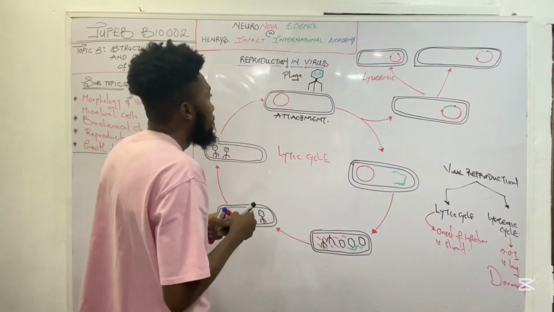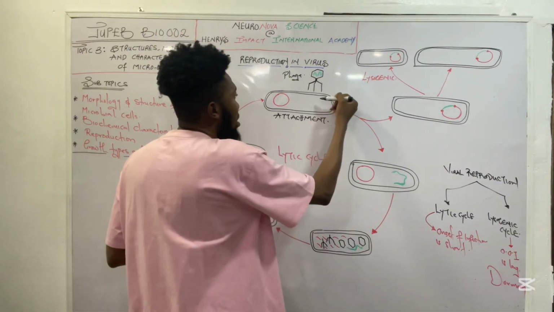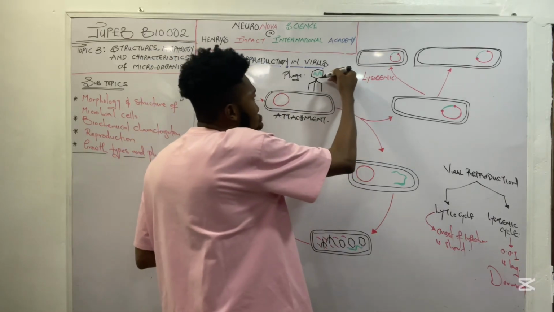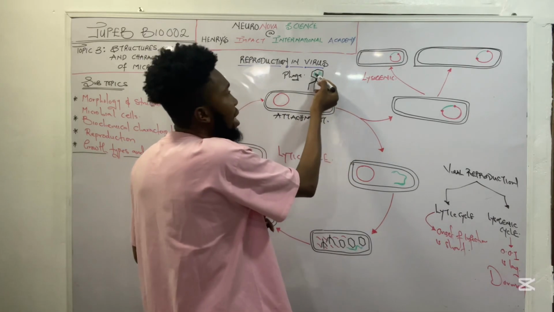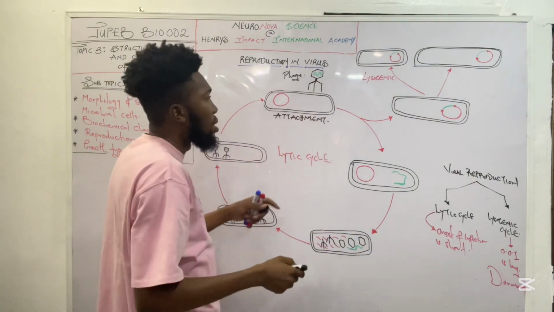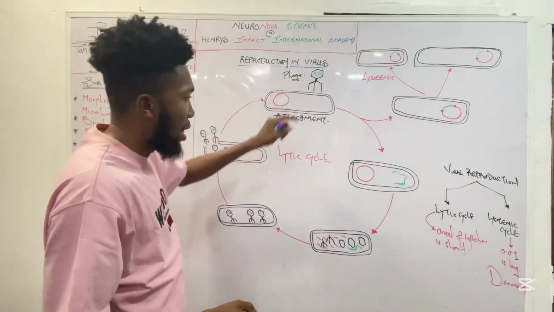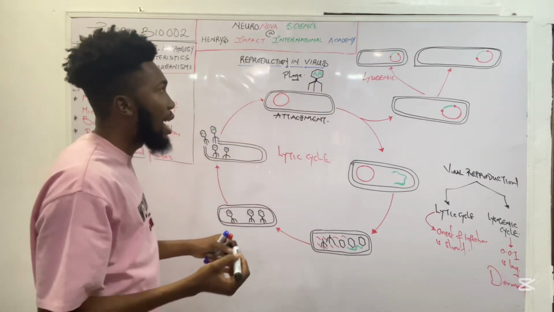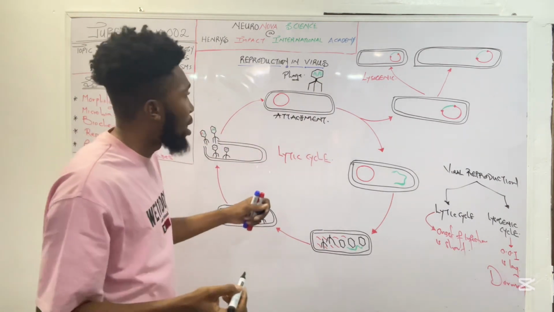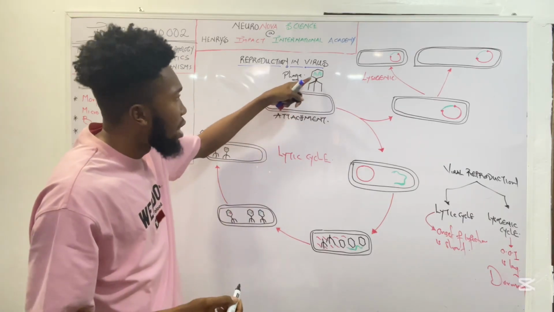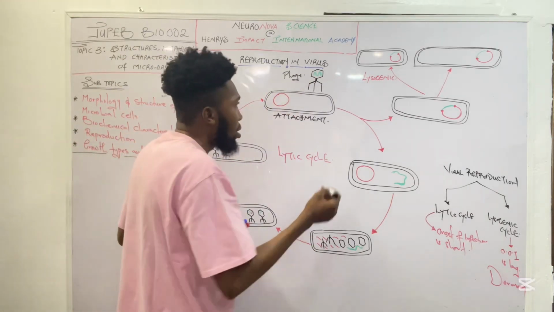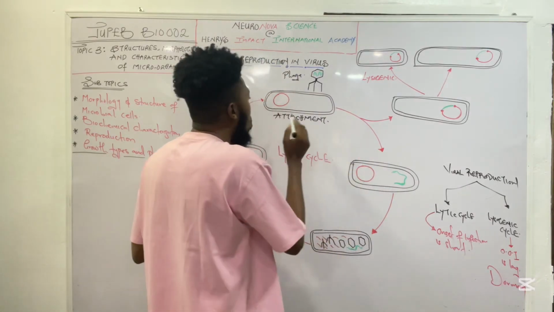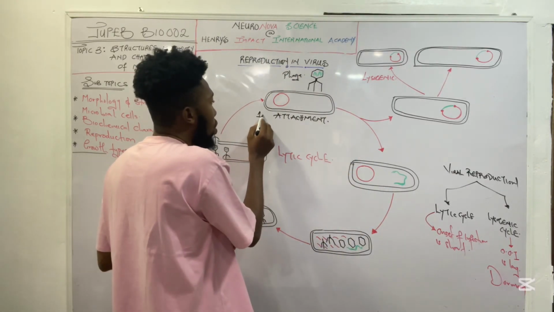As it attaches itself, the next thing that happens is that it releases its genetic material into the cytoplasm of the bacteria. That's the green stuff here, representing the nucleic acid, the genetic material found within its protein coat, the capsid. It gets released into the cytoplasm of the bacteria. So step 1 is called attachment.